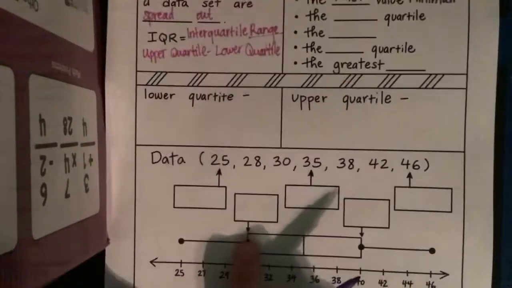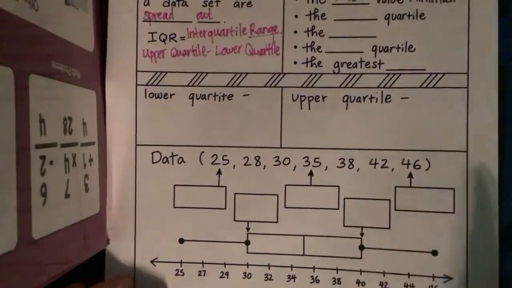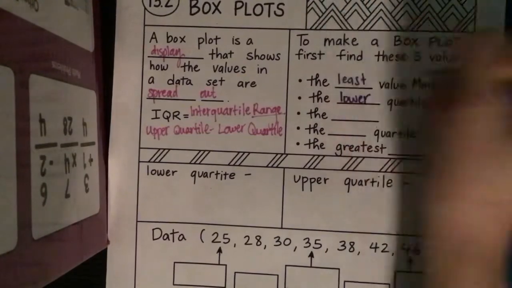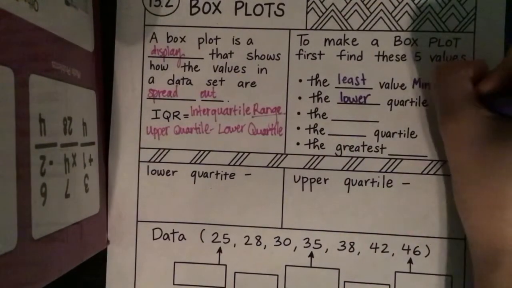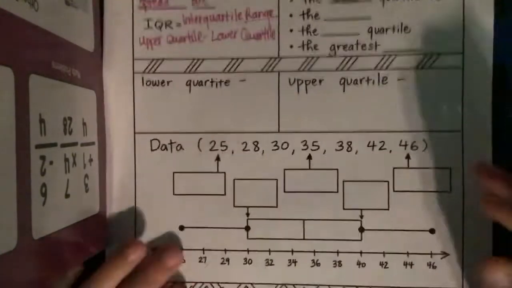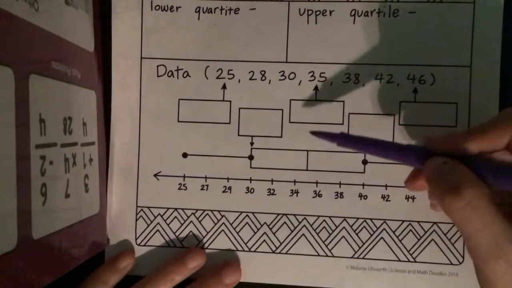The left side represents the lower quartile, or the LQ. And then in the middle, which is the little line, that represents the median.